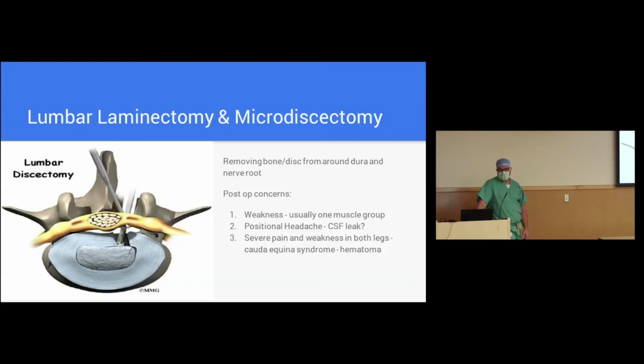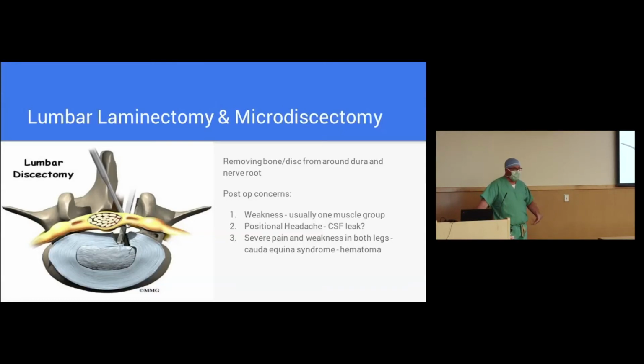And then the other thing that we talked about was if somebody got a big blood clot that pushed in on this whole space here post-surgery, then they could get compression on all those nerve roots in that area. Those nerve roots that are left in the sac down here are mainly nerve roots that go to your groin region, your bowel, your bladder.